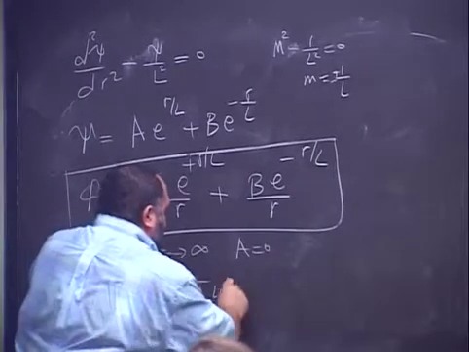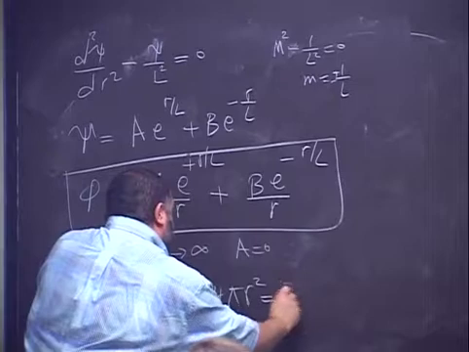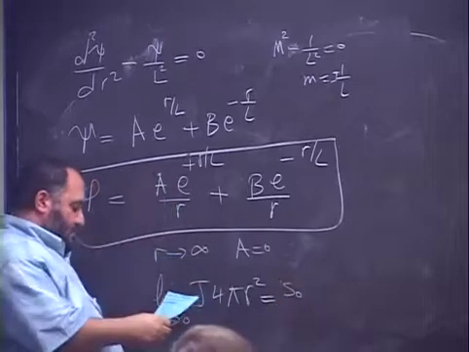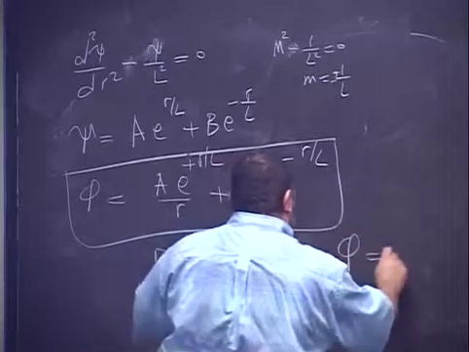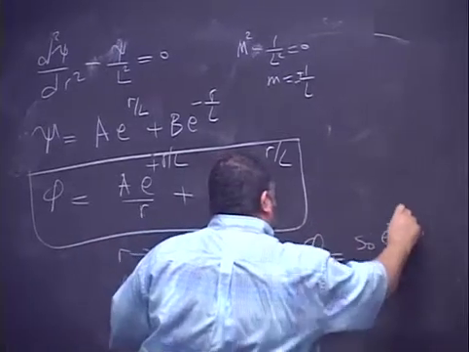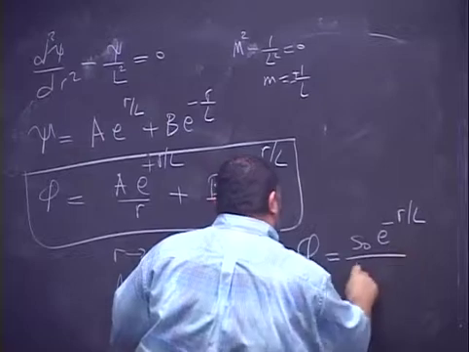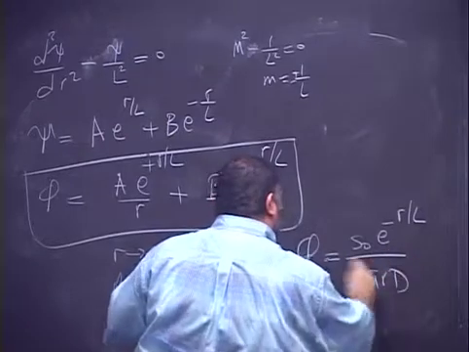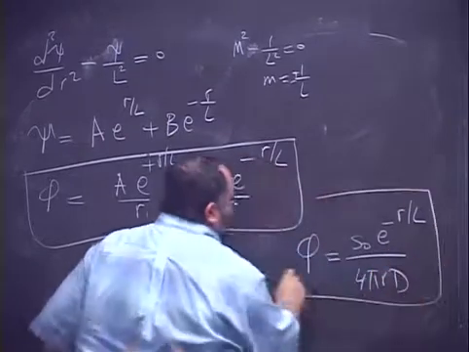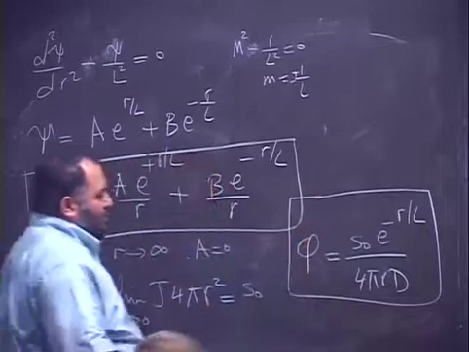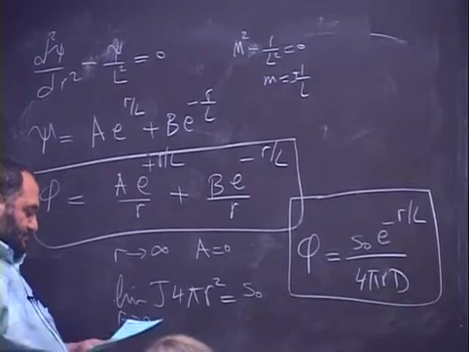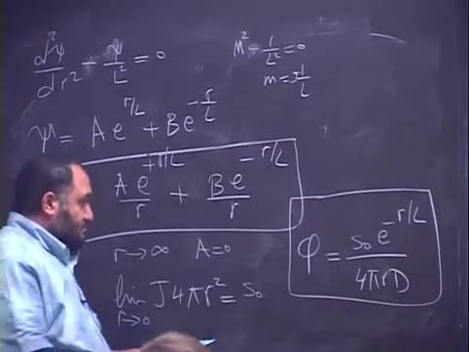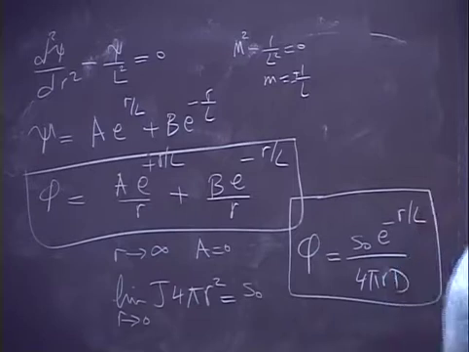So this would be 4 pi r square, and this will give me S naught. So when you do this, you will end up with the flux equal to S naught e to the power of minus r over L divided by 4 pi r D. So this is the flux for a point source in an infinite medium.